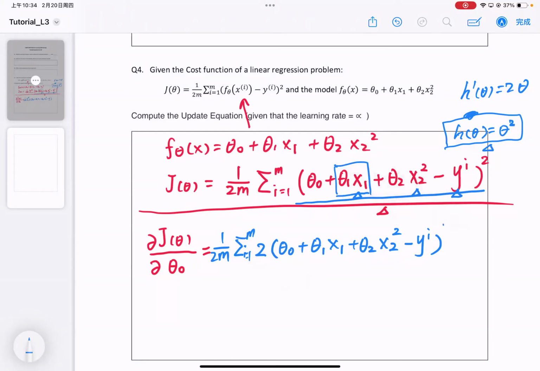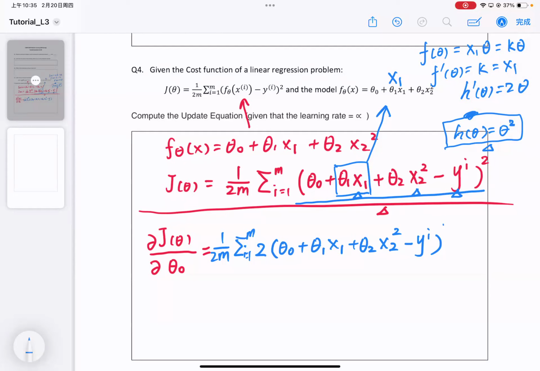Okay, and the derivative of this term is x1. If you still remember what I talked about previously, if f theta is equal to x1 theta, you can regard it as key theta. Then the derivative should be key, or in this case, x1, right?